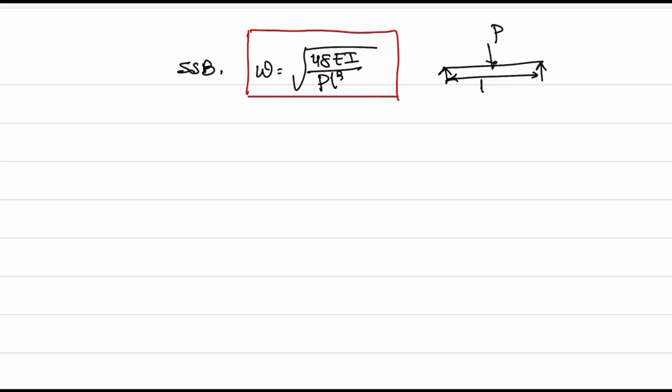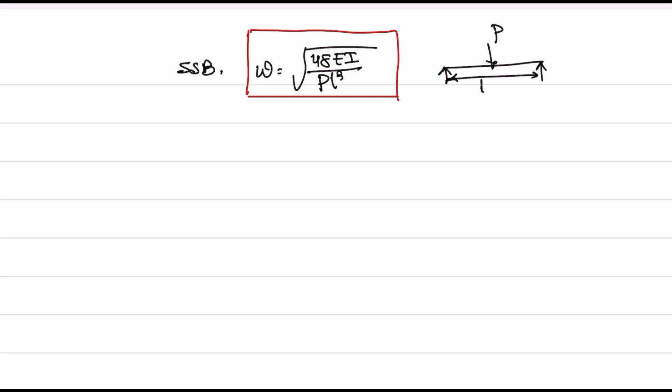With this, I want to conclude today's lecture. You might have understood the comparison between a cantilever beam and a simply supported beam, their deflections, and ratios of their frequencies. The natural frequency of a simply supported beam is more than the frequency of a cantilever beam for the same length and the same load.